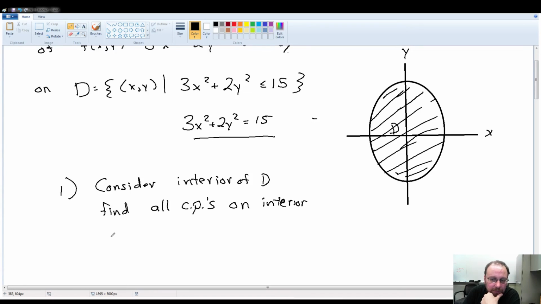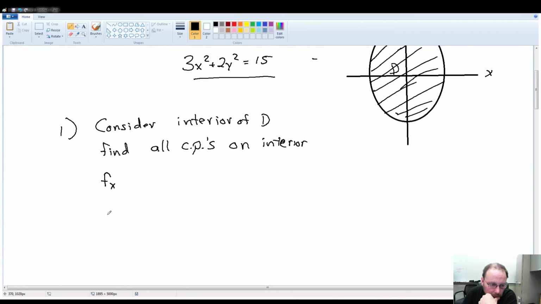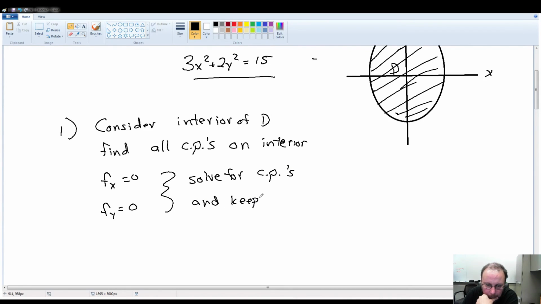Okay, so this is kind of like the unconstrained case, where you simply take the partial derivatives of your function, set them equal to 0, solve for critical points, but only consider the ones in the interior.